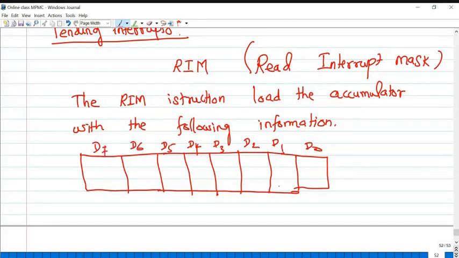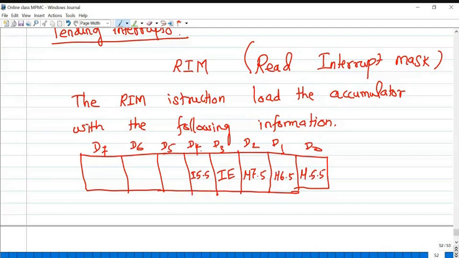The first positions are M5.5, M6.5, M7.5, then interrupt enable. The next 3 bits indicate whether an interrupt is pending or not.